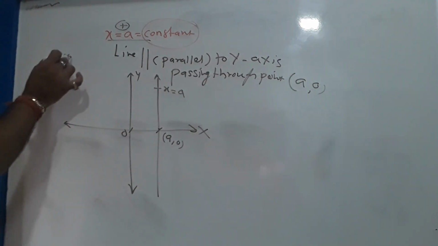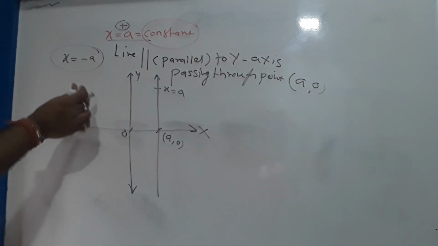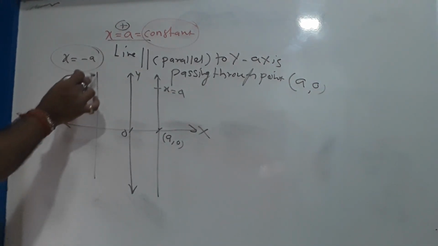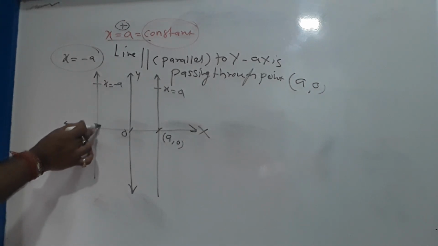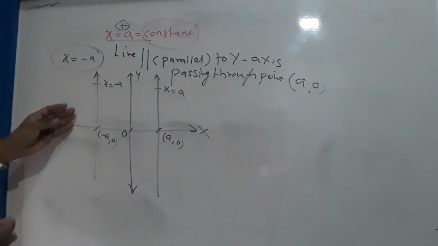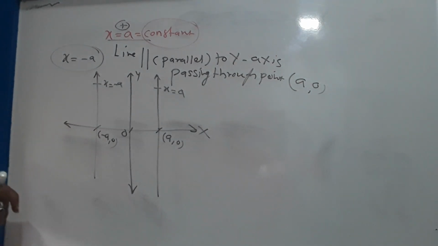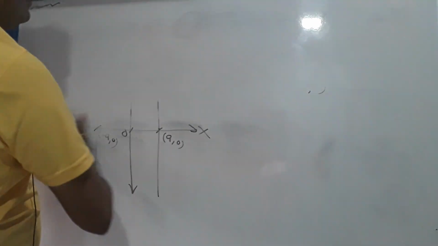For example, x is equal to minus a: now x is negative, same thing, it is a line parallel to the y-axis, passing through (minus a, 0). So can you tell me what the line x is equal to 2 is?